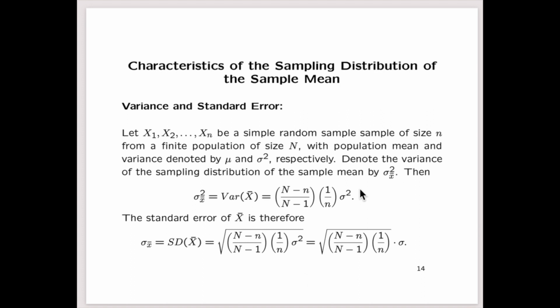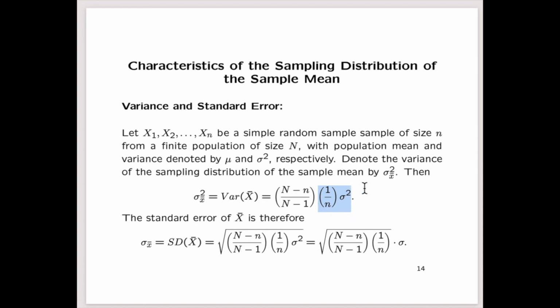Now one thing I want to point out is that, think back to IID random sampling and the sampling distribution of x bar, the sample mean, and in particular the variance of that sampling distribution. Note that under simple random sampling, the variance of the sampling distribution of the sample mean is different than it is under IID random sampling. Under IID random sampling, this highlighted piece is the variance of the sampling distribution of x bar.